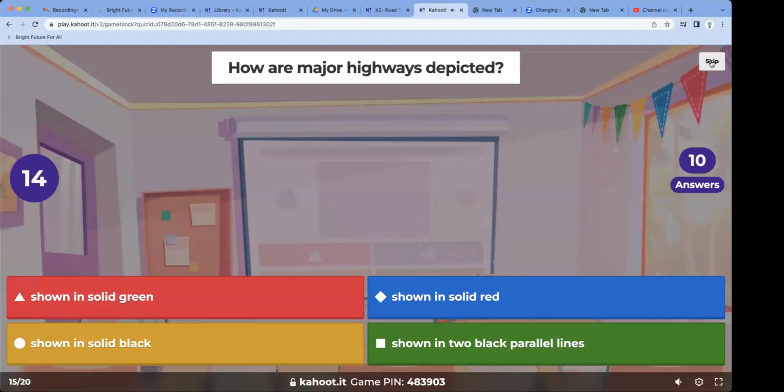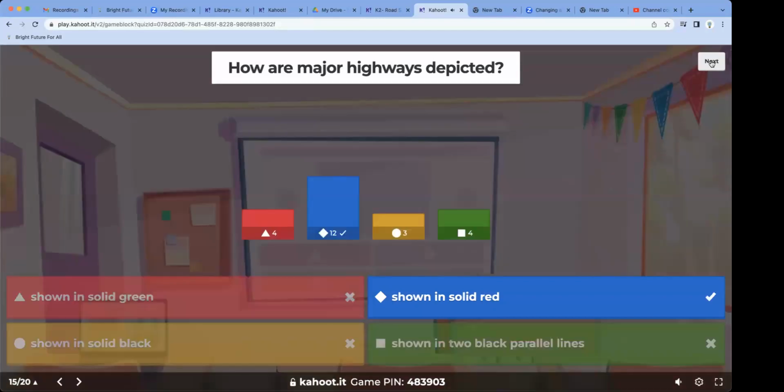This one might be a little tricky. Yep, they're shown in solid red.